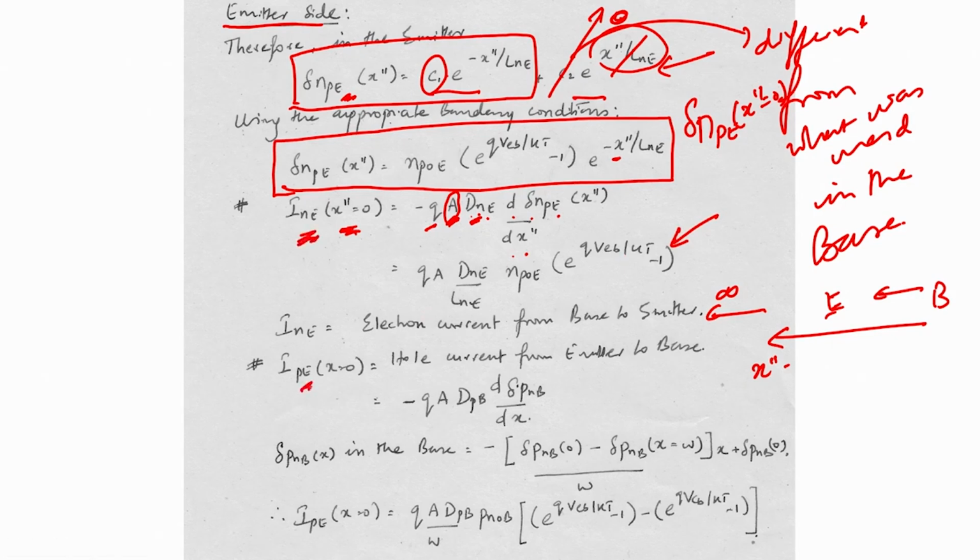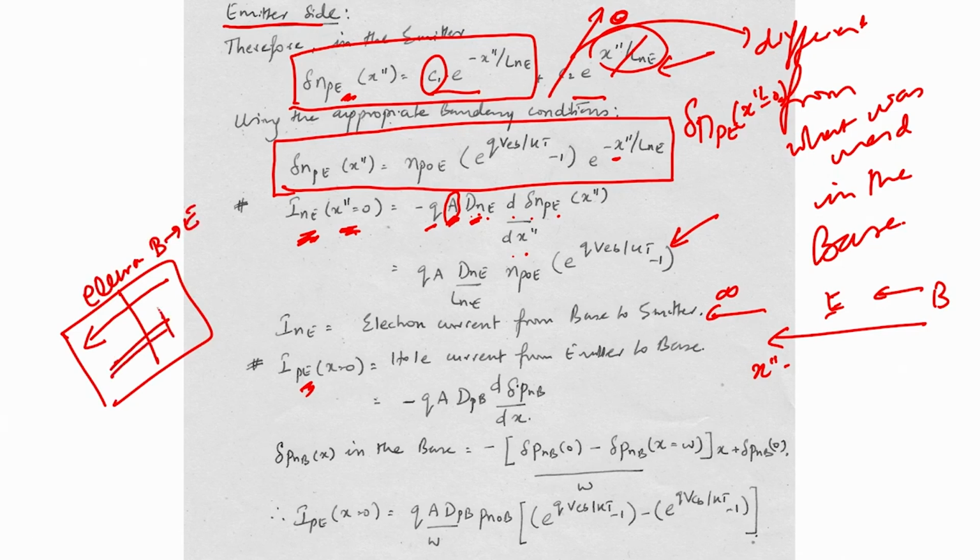What about the holes from the emitter? The holes from the emitter are moving to the base. So, what we have now calculated is the electrons pushed by the base, electrons going in from the base to the emitter. What about the larger contribution of the holes coming in from the emitter to the base?